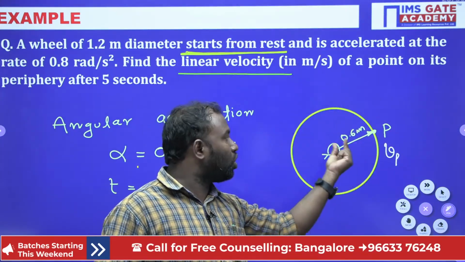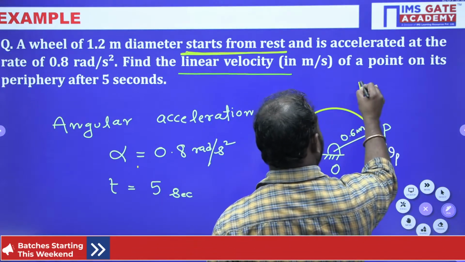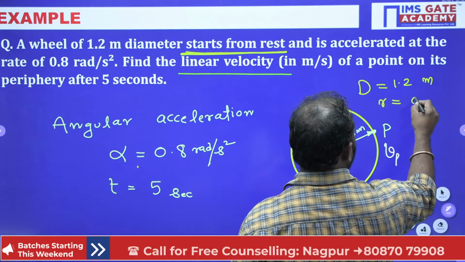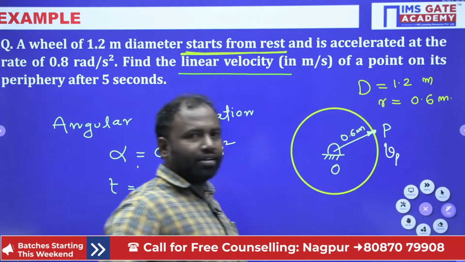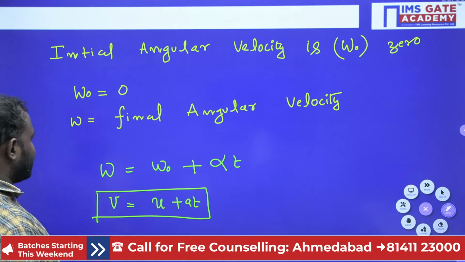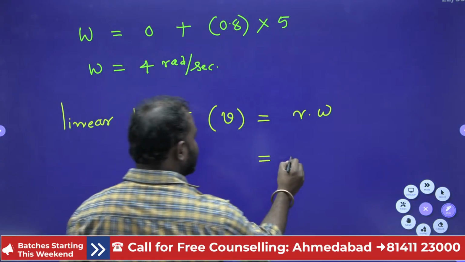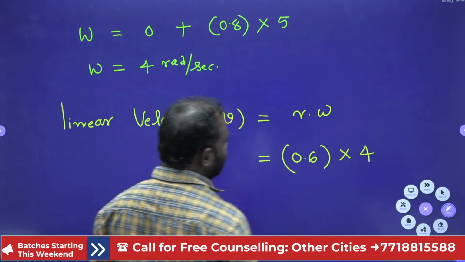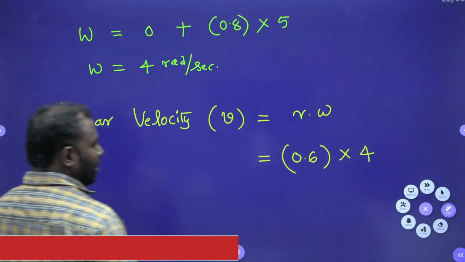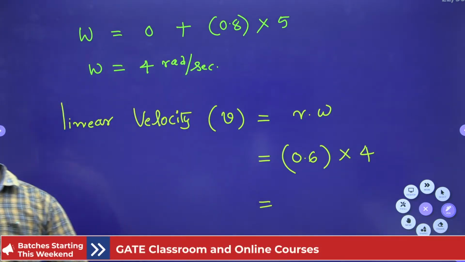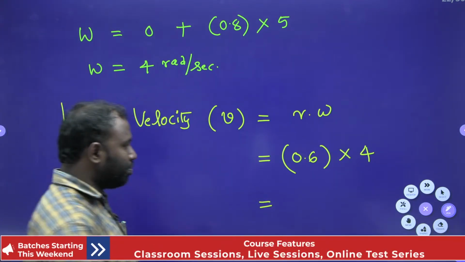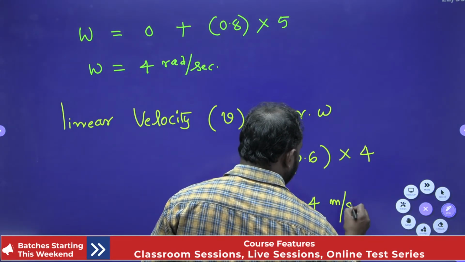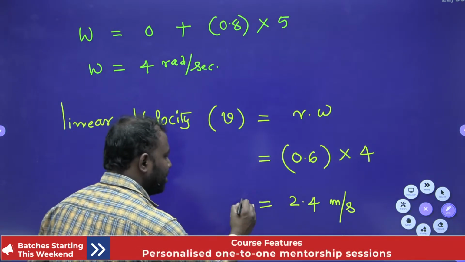So D is equal to 1.2 meter, then R is equal to 0.6 meter. So V is 0.6 meter into 4 radian per second, which is 2.4 meter per second. This is my linear velocity.